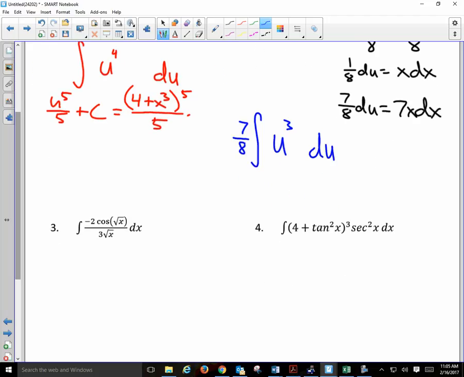What's the antiderivative of u cubed? So 7/8 times u to the 4th over 4 plus a constant, which is 7 times, what is u?